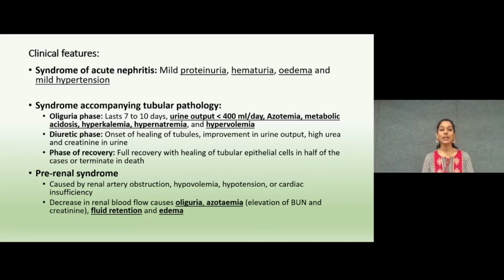Then the pre-renal syndrome, where renal artery obstruction occurs. It is caused mainly due to renal artery obstruction, hypovolemia, hypotension or cardiac insufficiency. Then there occurs a decrease in renal blood flow, which causes oliguria, azotemia, that is elevation in blood urea nitrogen and creatinine, fluid retention and edema.